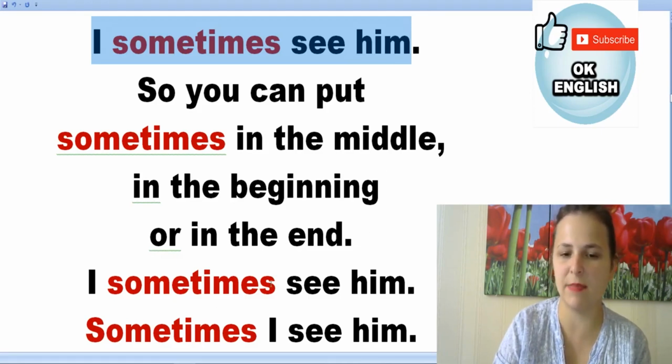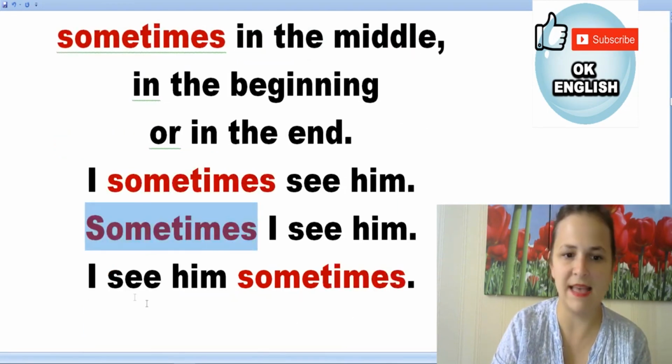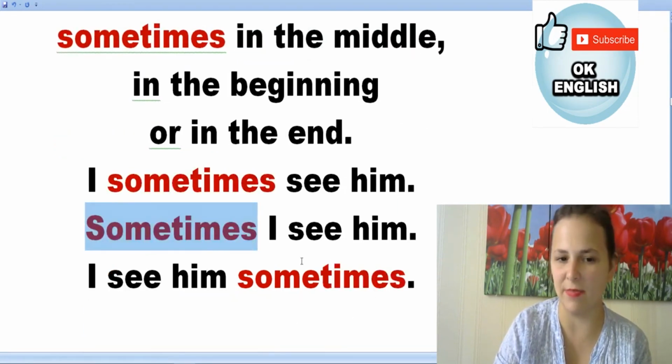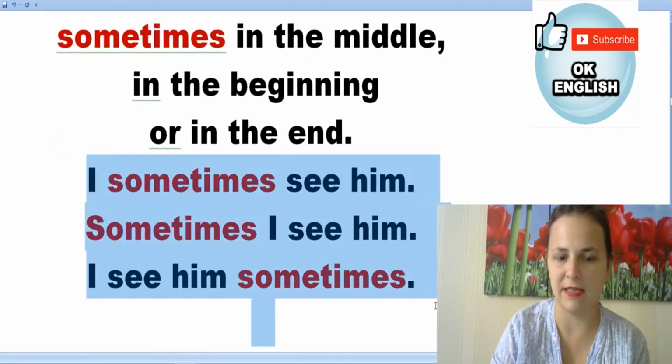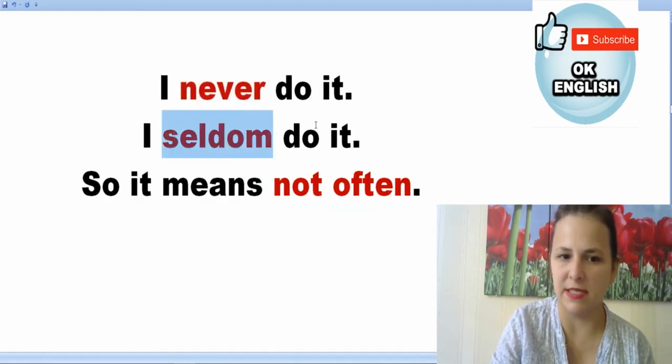I sometimes see him. Sometimes I see him. I see him sometimes. It's correct. I never do it. I seldom do it. So it means not often.